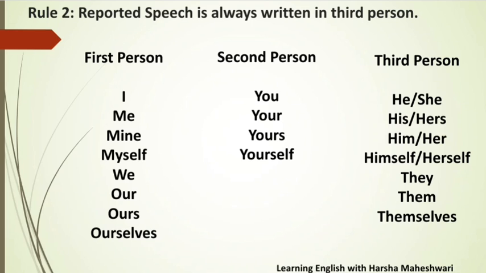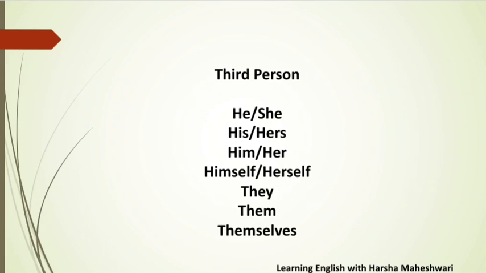So we use you, your, yours, yourself. Third person belongs to the person being talked about. So we use he or she, his or hers, him or her, himself or herself, they, them, themselves. So reported speech is always written in third person.